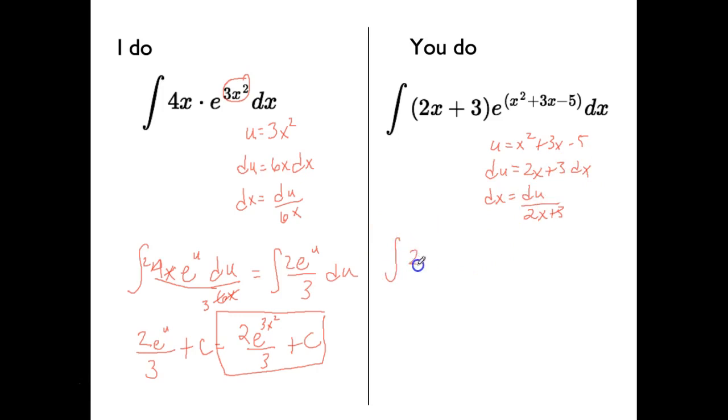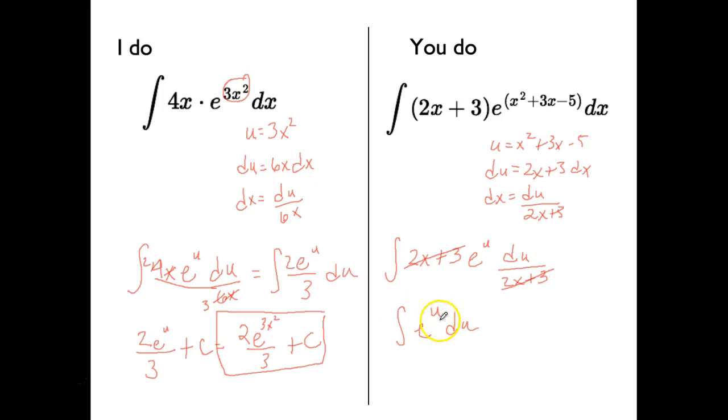Okay, now it's substitution. I have the integral of 2x plus 3 e to the u. That was the whole reason I did all that, right? And then this is going to be my dx. Du over 2x plus 3. Now I hope you see right here, this cancels with that. And we're left with the integral of e to the u du.